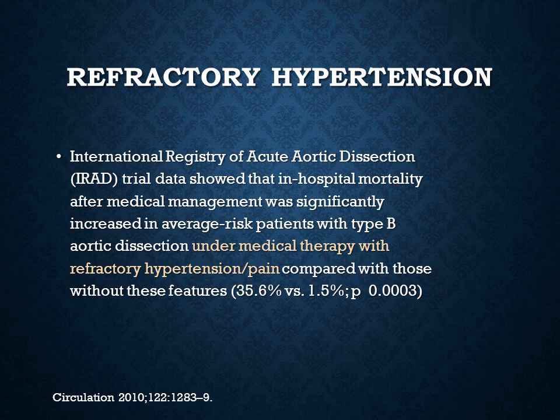Trial data showed that in-hospital mortality after medical management was significantly increased in average-risk patients with type B aortic dissection under medical therapy with refractory hypertension or pain compared with those without these features: 35.6% versus 1.5%, p equals 0.0003. Circulation 2010;122:1283-9.